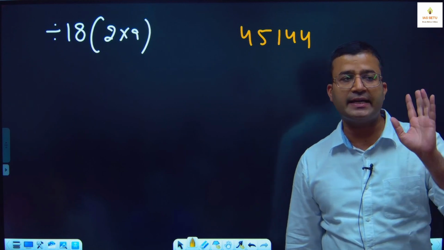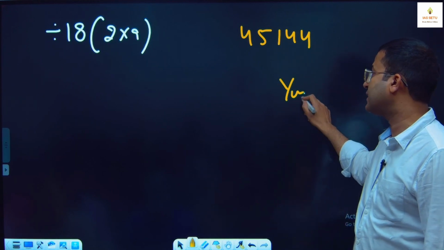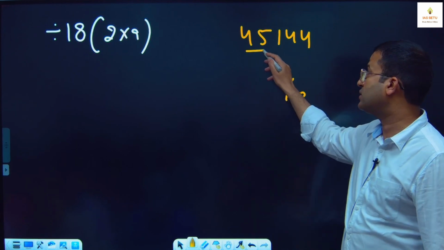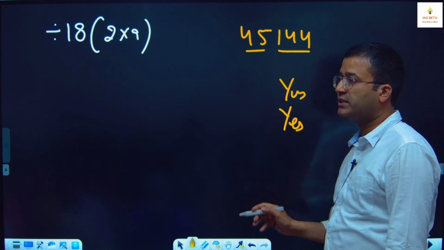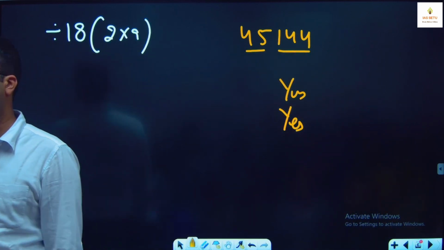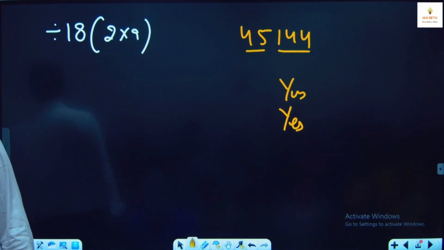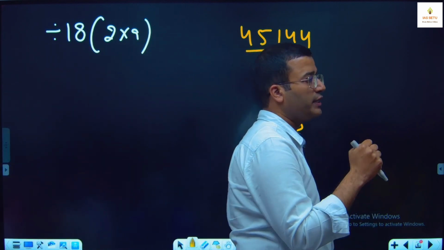For 18, first I check 2. Is it divisible by 2? Yes. Then I check divisibility of 9. 4 plus 5, 9, plus 9, 18. So yes, this given number is divisible by 2 as well as 9. That's why this number is divisible by 18. This number is dividing by 2 and by 9, so it is divisible by 18.